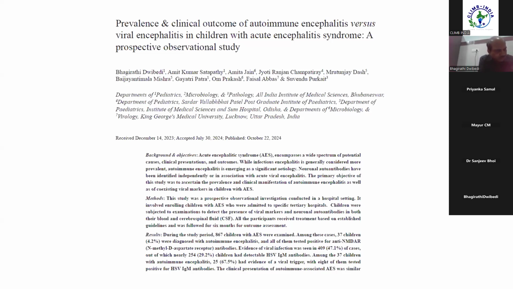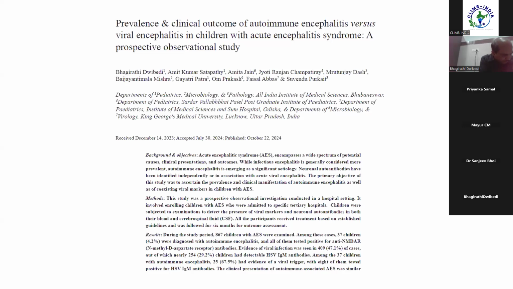So we have done a study that included KGMU Lucknow and also the Odisha sites, AIIMS Bhubaneswar and SCB Medical College Cuttack, where out of all the samples from UP and Odisha, we got 37 cases, around 4.2%, that showed autoantibody, especially NMDA.